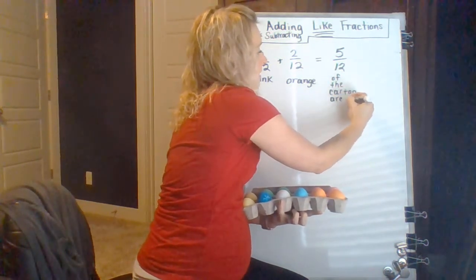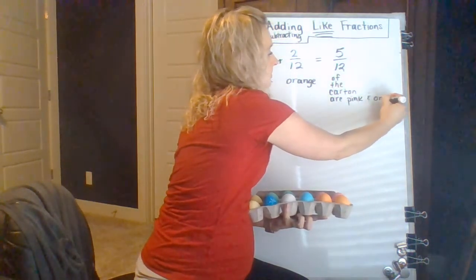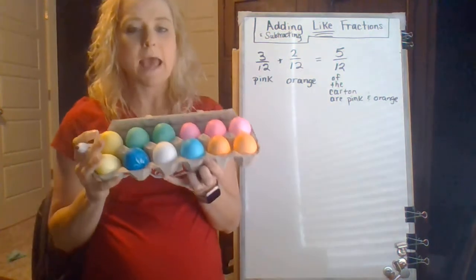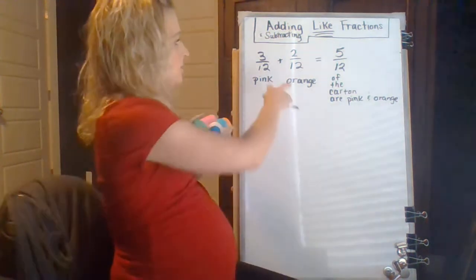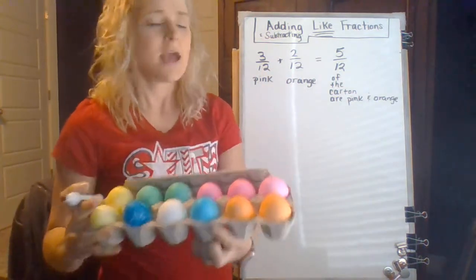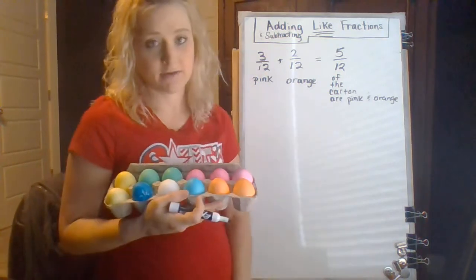So that's adding like fractions. When you have 2 denominators that are the same, the denominator stays the same when you're adding, and you're just simply adding the total number of parts that you're identifying.